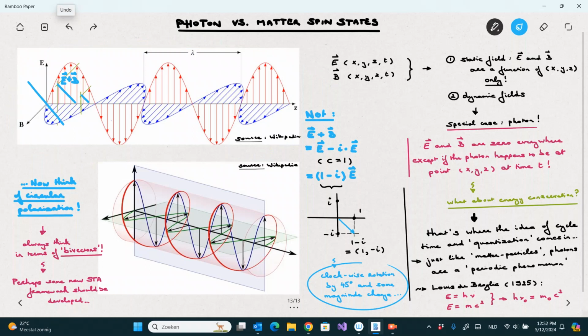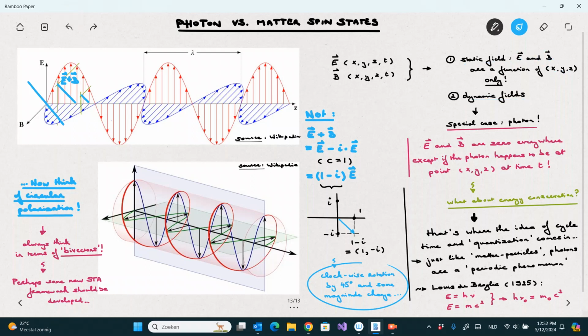Basically, we have two kinds of electromagnetic fields, right? Static fields and dynamic fields. In a static field, at some point in space, we will have an electric field vector and a magnetic field vector. And because the field is static, these won't vary with time. They are a function of space only.